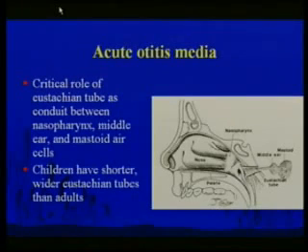And the critical role here, again, going back to the little diagram with which we started, is the eustachian tube, normally kept sterile by the mucociliary blanket. We don't even realize we have it until we're descending on an airplane, right?